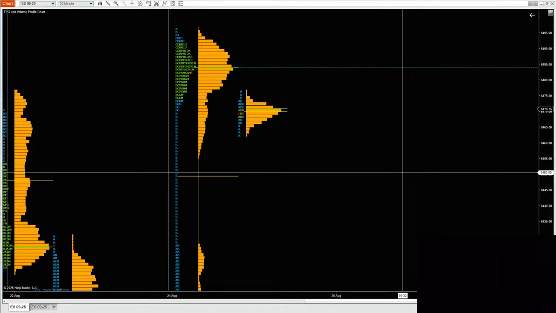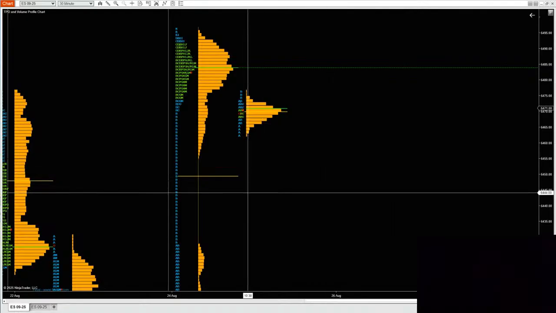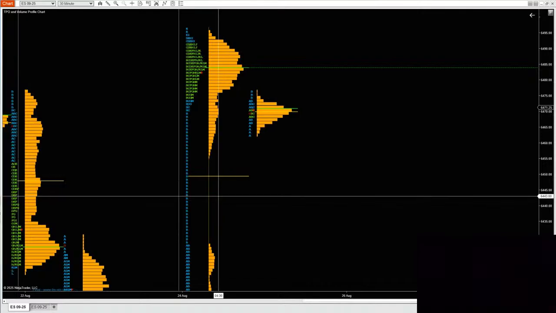Sometimes they don't work at all. They may even work in a reverse way. So we need to be very careful. Size down, tighten your stop losses, then watch how your trade plays out here.